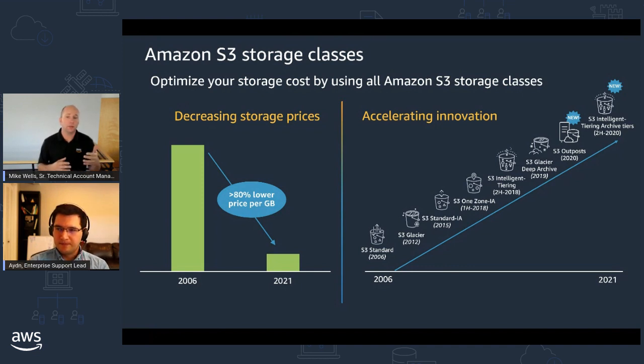As time goes on, we add more and more of these classes. Companies are using S3 for every imaginable use case, including data lakes, geospatial imagery, DNA sequencing, autonomous vehicle data, and more. All of these use cases require active management of large volumes of data. And the reason these companies choose AWS and S3 is because of our ability to innovate.